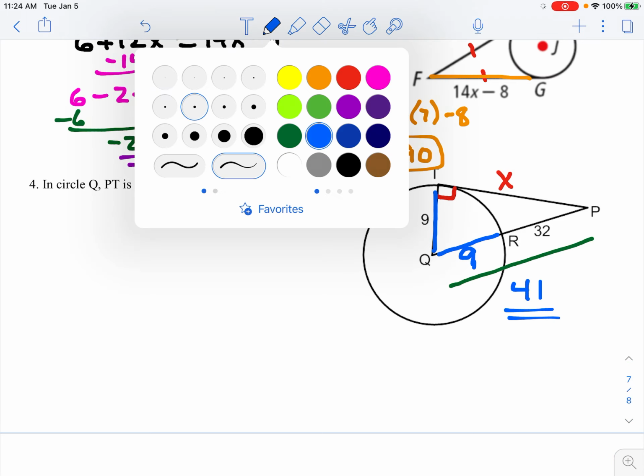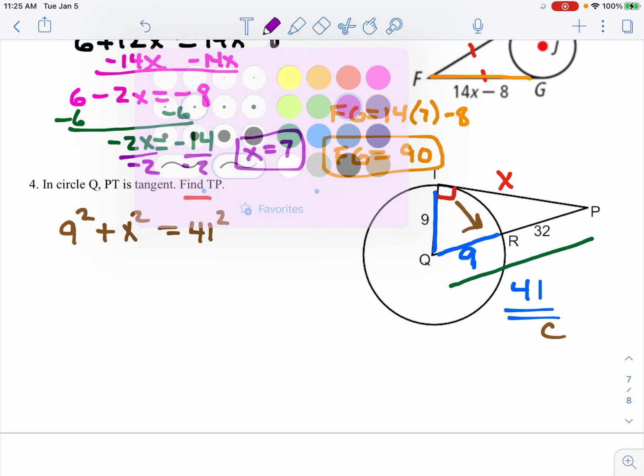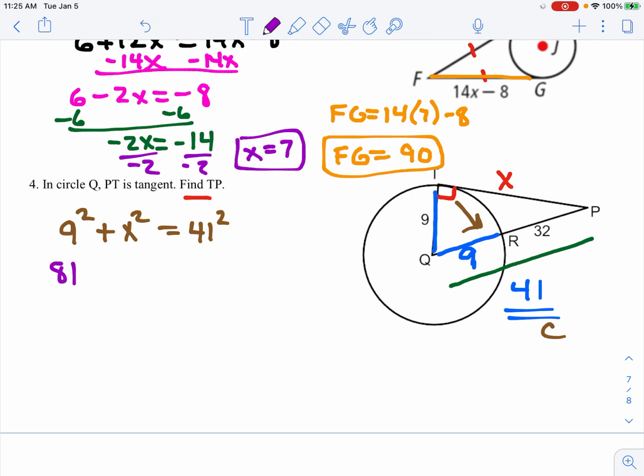Now let's go ahead and set up our Pythagorean theorem. Remember, the side across from the 90 is our C. So I'm doing 9 squared plus x squared is equal to 41 squared. Convert them to numbers. 81 plus x squared is equal to 1681.